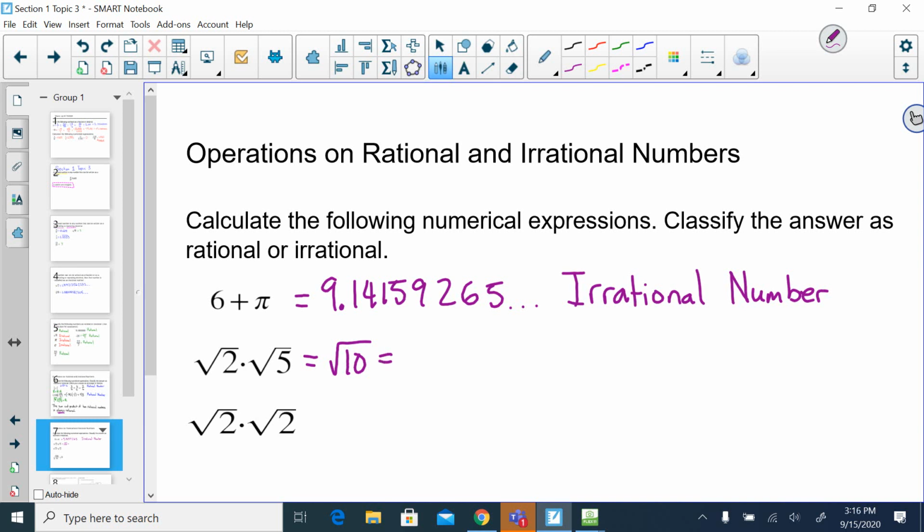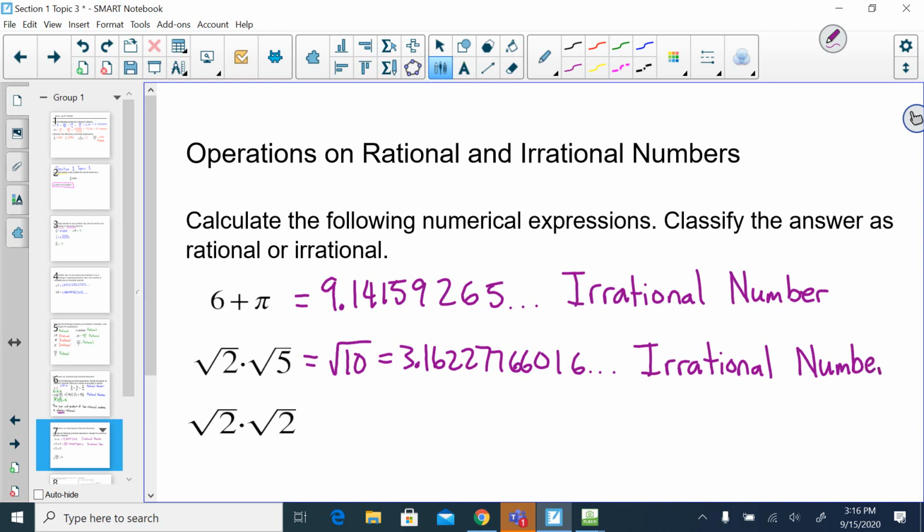The square root of 10 is 3.16227766016, and it keeps going on as well. So this one is an irrational number too, because again, you have a number where the decimal does not stop, and it doesn't have a pattern when it's not stopping either.